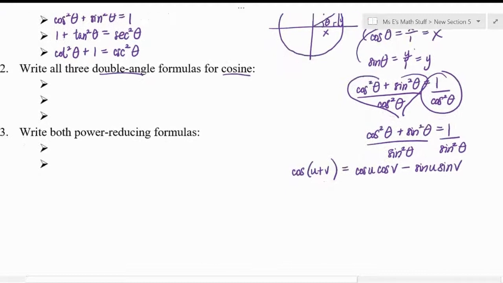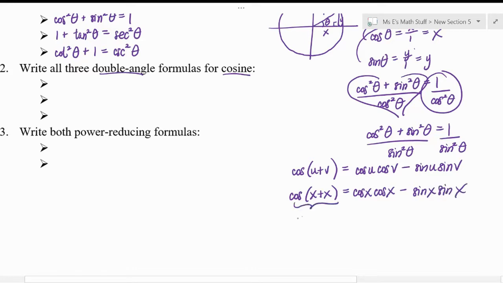And if you can remember that, then what if u and v were both x? Then the expanded side in the sum formula would be cosine of x times cosine of x minus sine of x times sine of x. If we simplify both sides, on the left side, you'd have cosine of 2x, and on the right side, cosine squared x minus sine squared x.